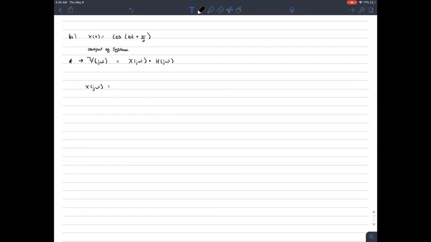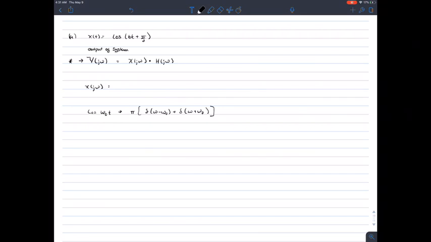Let's go ahead and look at this. So from our sheet, we see that cosine omega naught t will give us pi times delta of omega minus omega naught plus delta omega plus omega naught.